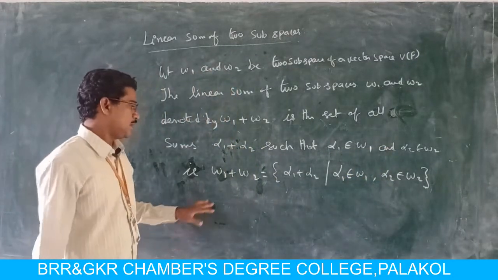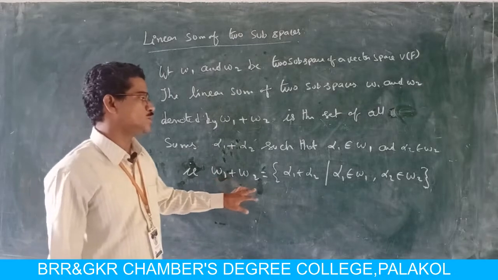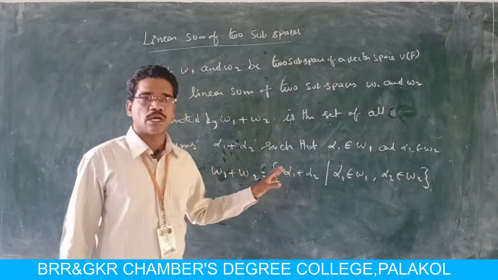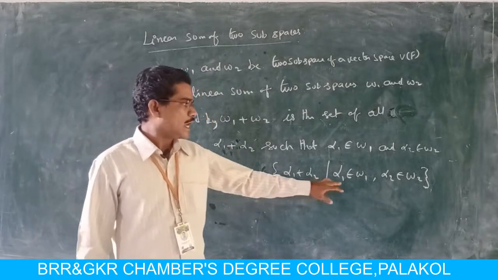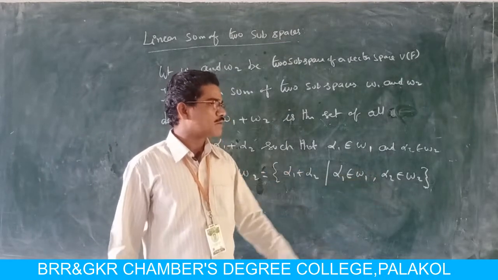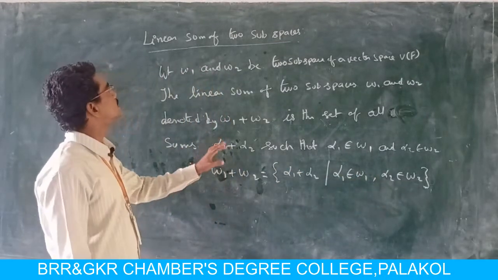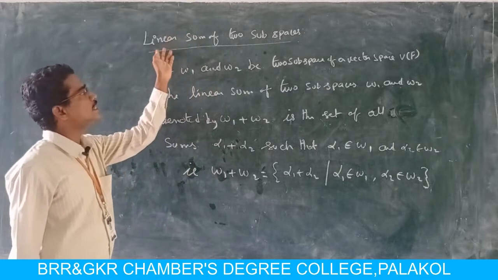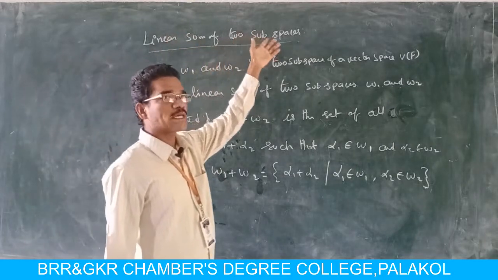That is, W1 plus W2 equals the set of alpha 1 plus alpha 2 such that alpha 1 belongs to W1 and alpha 2 belongs to W2. This is the definition of linear sum of two subspaces.